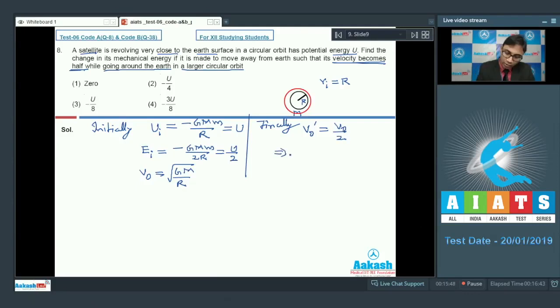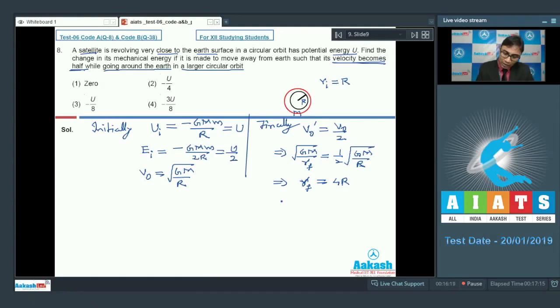So root under G M by R final will be equal to 1 by 2 into root under G M by R, the initial velocity. So we can say that our final distance from the center of the Earth to this satellite will be equal to 4R. So this is our final distance of the satellite.